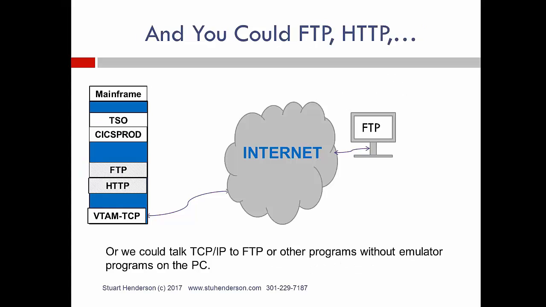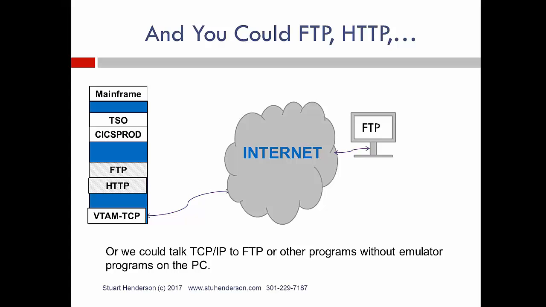Now, we got even more flexibility because we could tell our Windows computer, don't run a terminal emulator program, don't pretend to be a 3270. Instead, run a standard TCP/IP program like FTP, File Transfer Protocol.